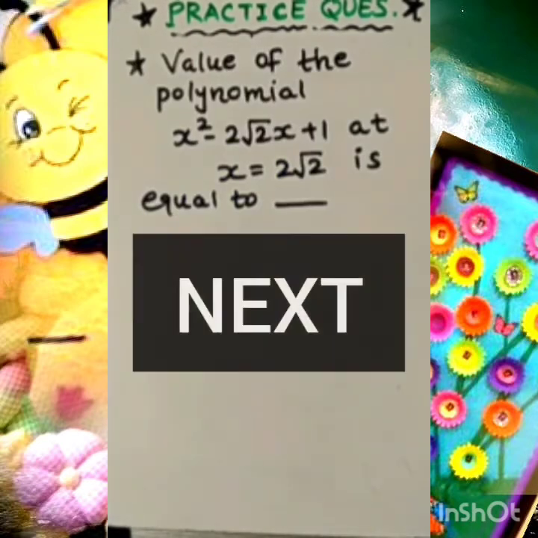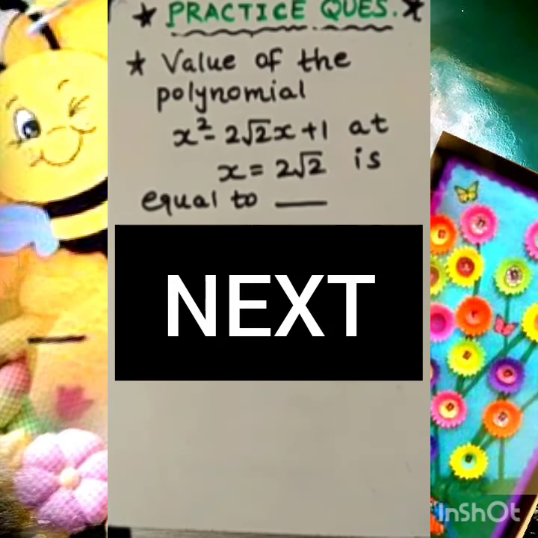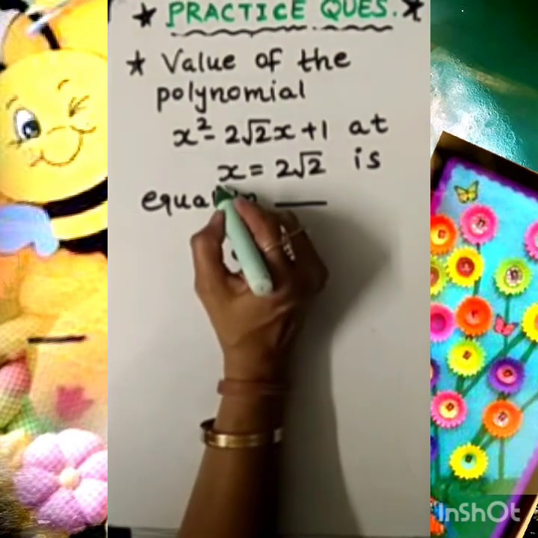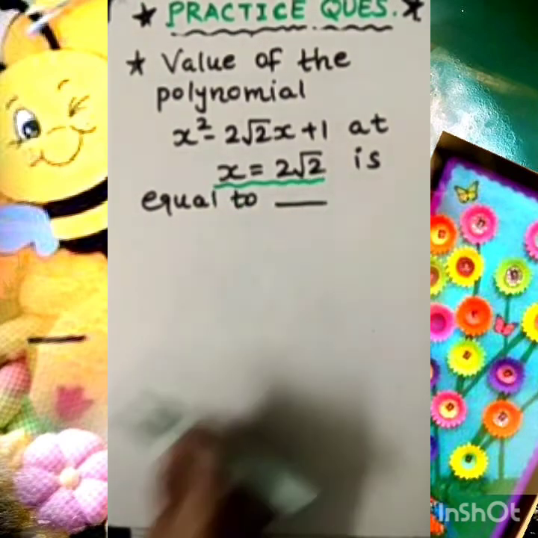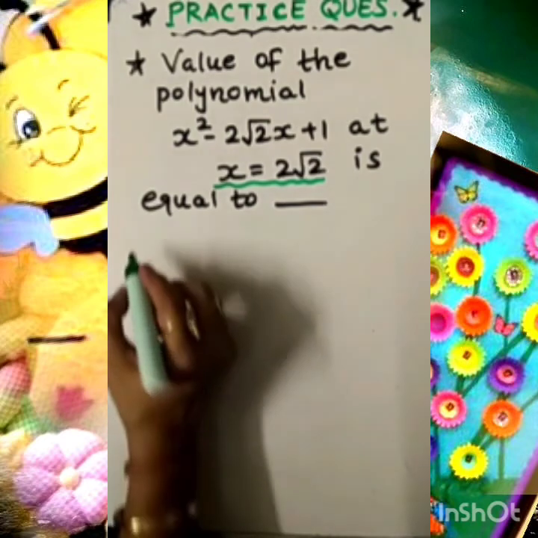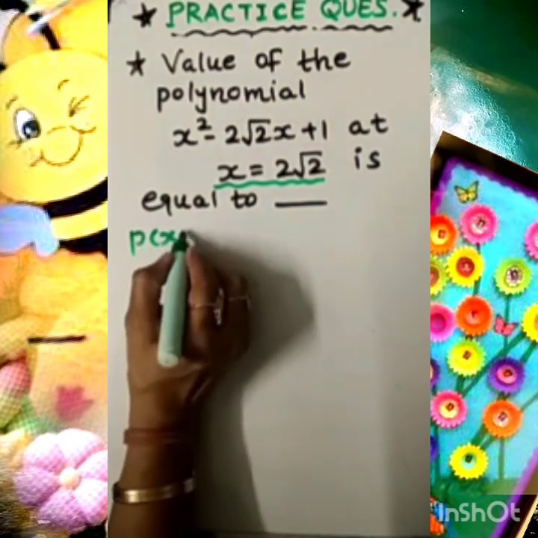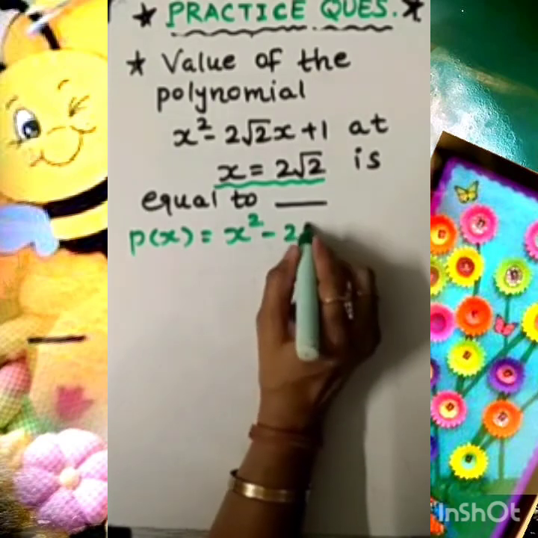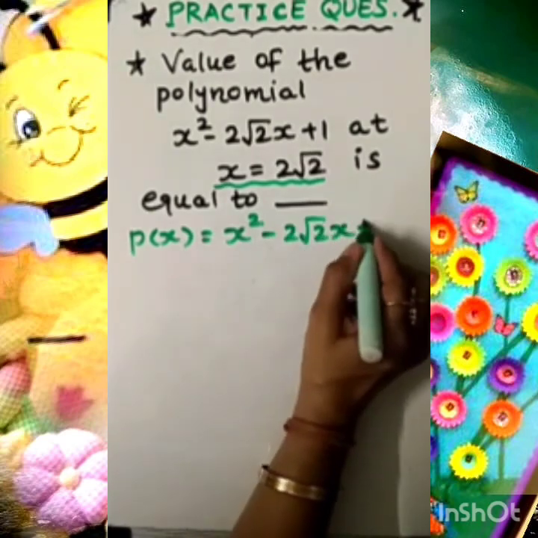So one more practice question is in front of you. Let's see. Find the value of the polynomial x square minus 2 root 2 x plus 1 at x equal to 2 root 2. Let me call this polynomial p(x). So it will be x square minus 2 root 2 x plus 1.